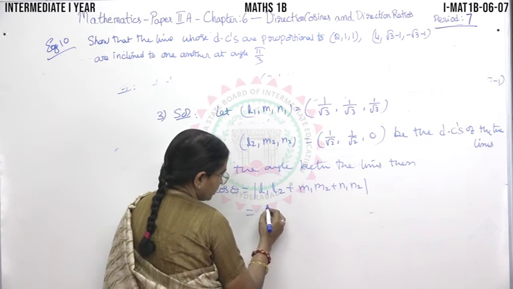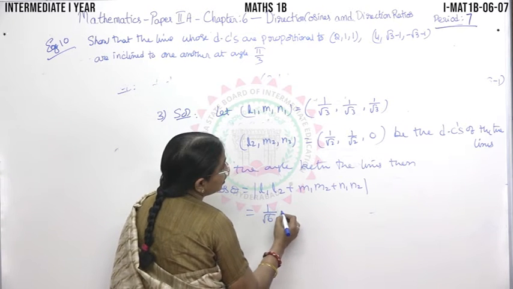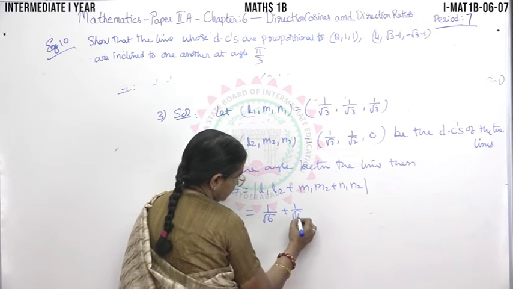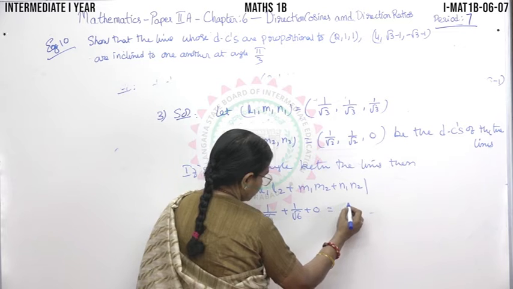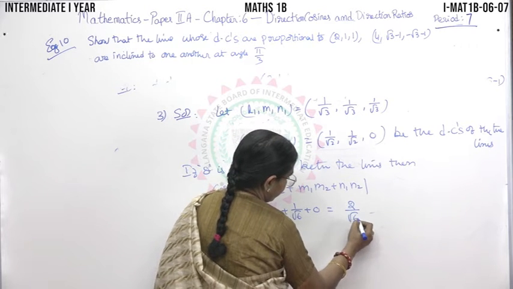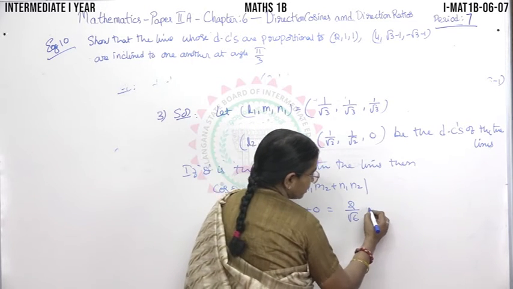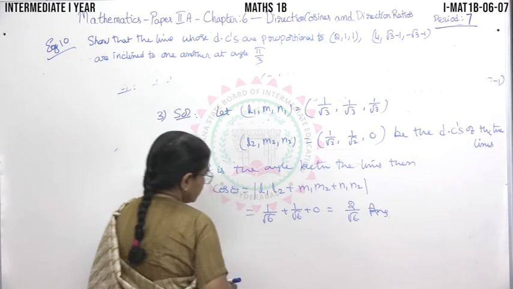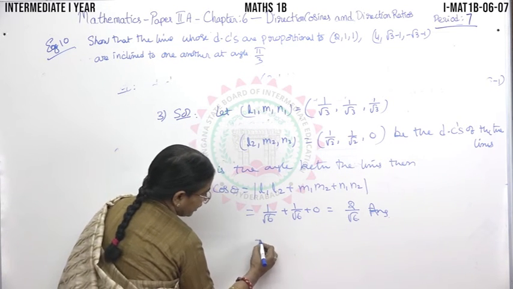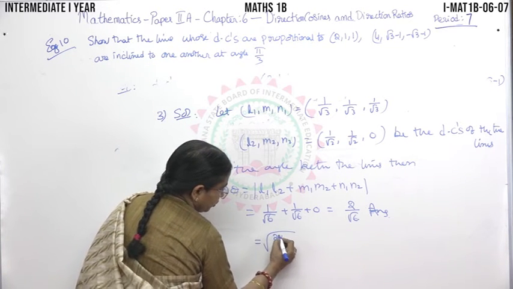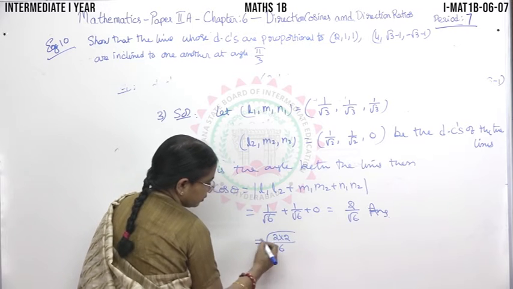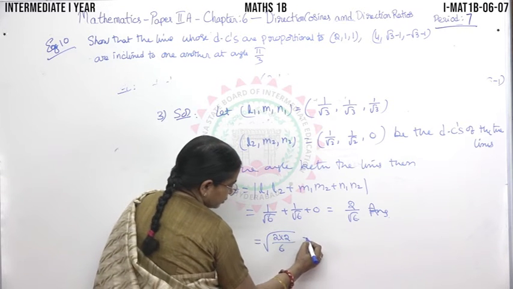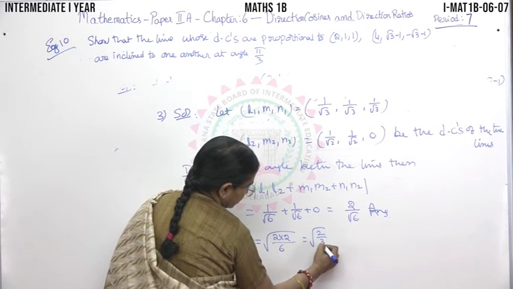So 1 by root 6 plus 1 by root 6 plus 0. So that is 2 by root 6. You can leave it as the answer, or you can further simplify and write it as root of 2 into 2 by 6. 2 3s are 6, so root of 2 by 3. Like this also you can write.